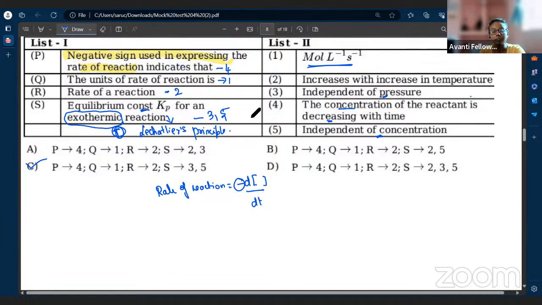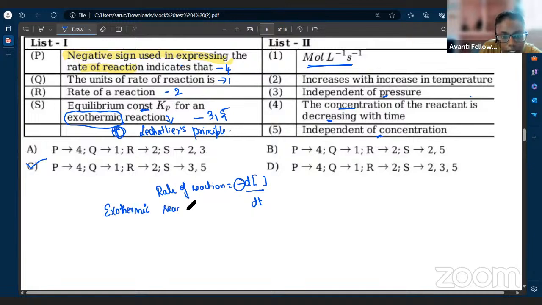If a stress is applied, if you are disturbing the equilibrium state, it adjusts itself to maintain the equilibrium. That is Le Chatelier's principle. So for an exothermic reaction, what is an exothermic reaction?